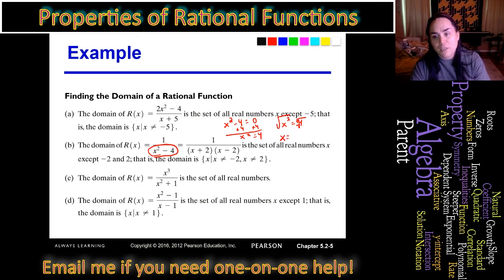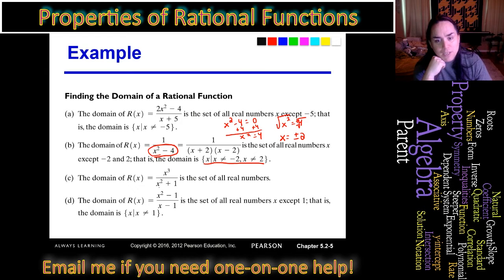So x could equal positive or negative 2. That means, since I'm not allowed to have a 0 in the denominator, x is not allowed to be negative 2 or positive 2. So that's how you would write the domain. It's all values of x such that x does not equal negative 2 and x does not equal positive 2.